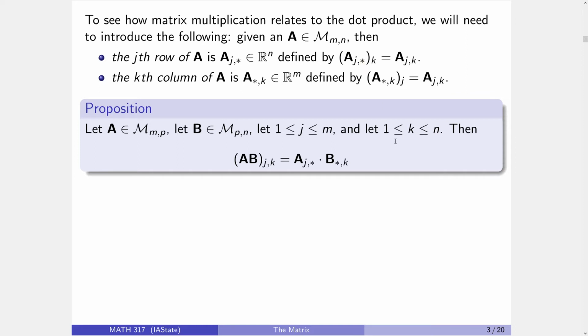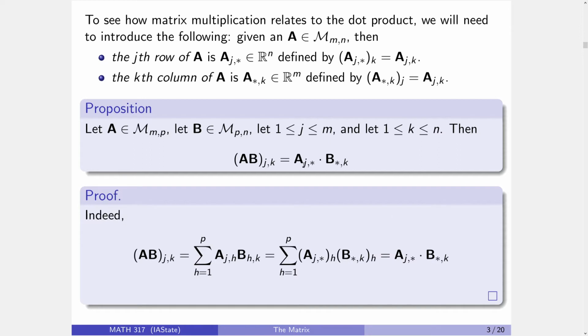So I like it. Alright, but let's actually explicitly prove now that the jkth entry of A times B is in fact the dot product of the jth row of A with the kth column of B. And this is a simple unraveling of definitions. Write out what matrix multiplication was defined as, then recognize, oh hey, this is the jth row of A, this is the kth column of B. And note that this lines up and makes sense.